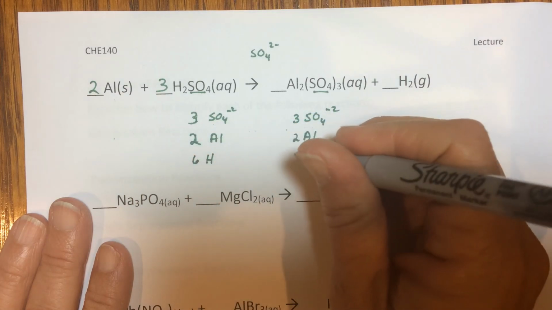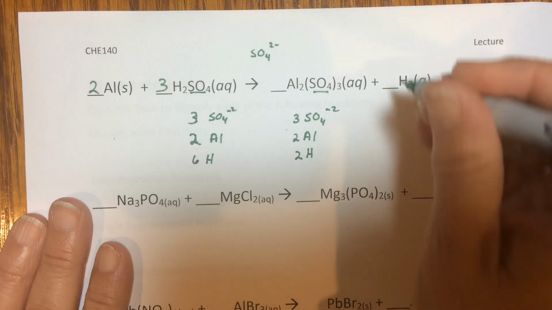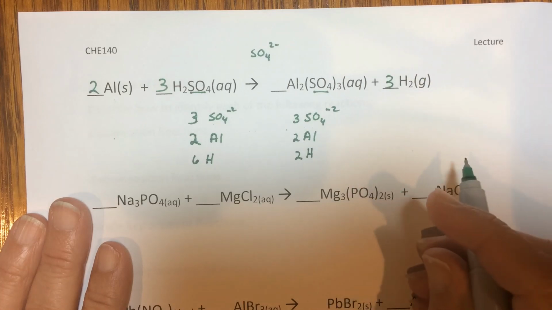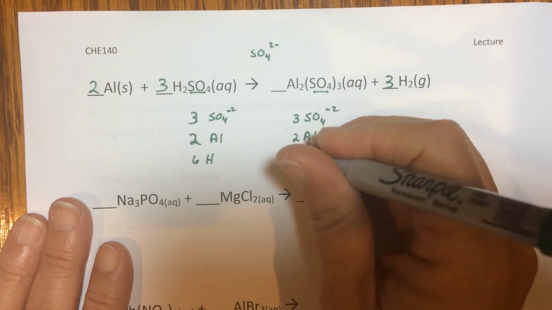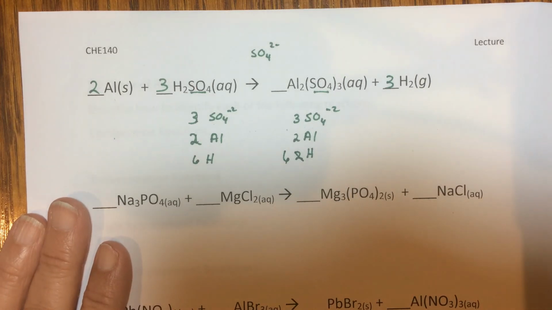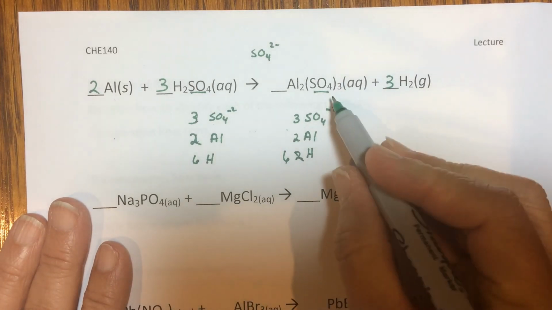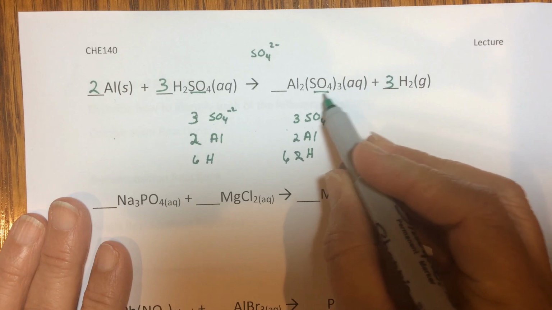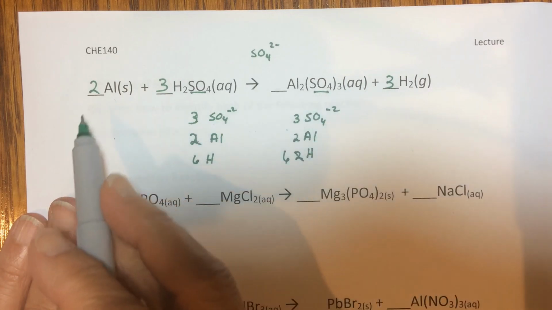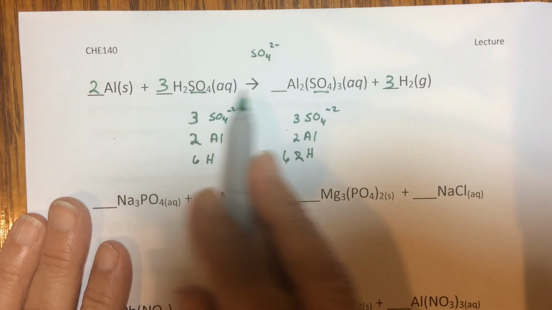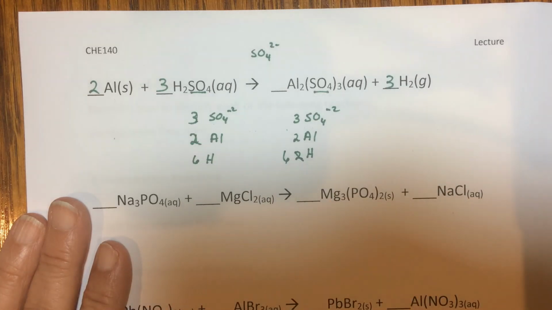Over here we've only got 2 hydrogens, but if we put a coefficient in front of it, we can have 6. Notice I don't ever change any of the small numbers, the subscripts. To balance an equation, you only change the big numbers in the front.